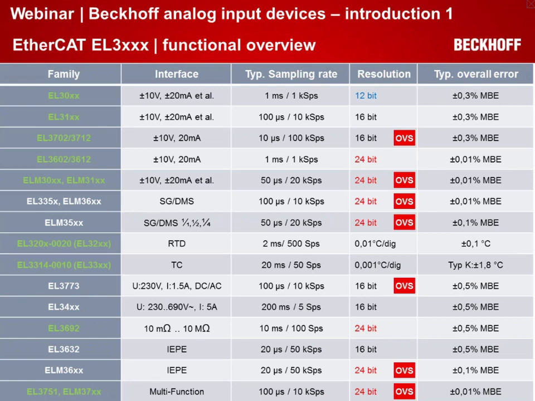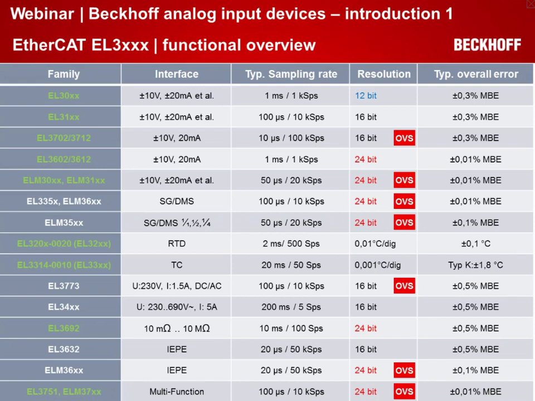devices, from a very low resolution, 12-bit, over the standard 16-bit, up to the high resolution 24-bit. And you see the typical overall error for these classes of devices. It begins with a very low 0.3% of full scale value up to high precision modules.